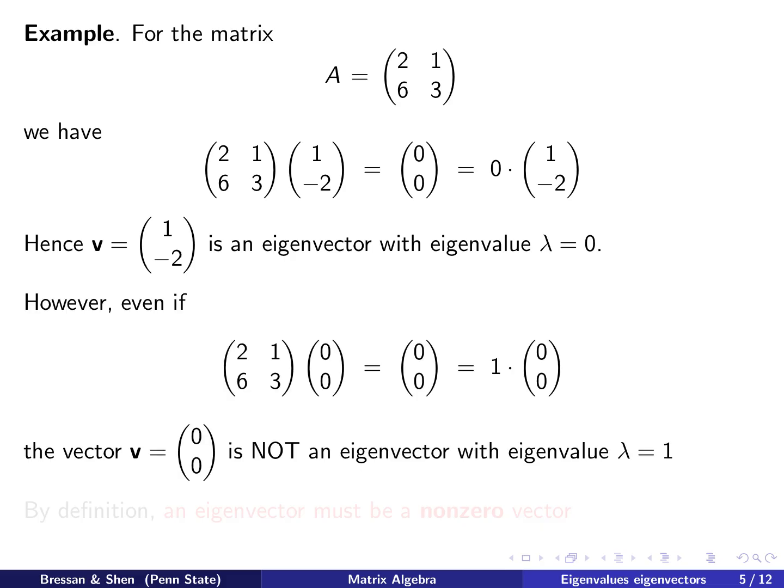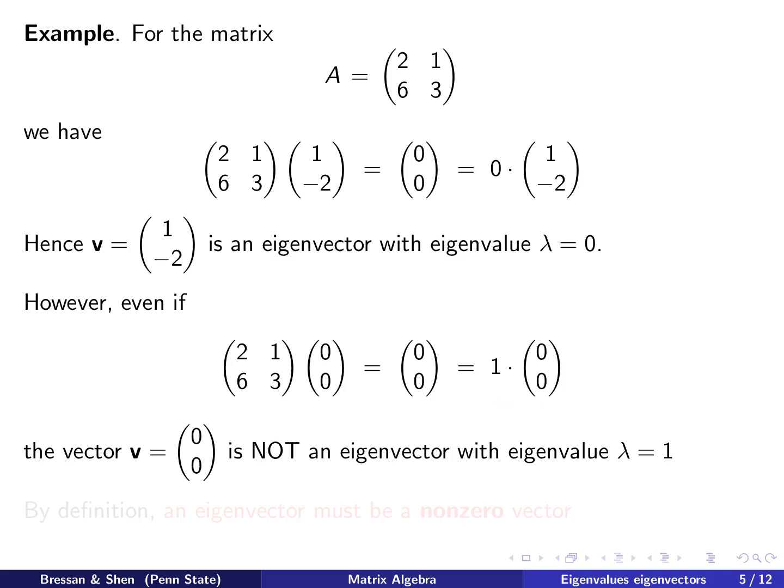Now, on the other hand, if we put in a zero vector, (0, 0), then A times it gives a zero vector, which can be written as any number times the zero vector. So let's say 1. So we have A times this vector v equals 1 times this vector v.